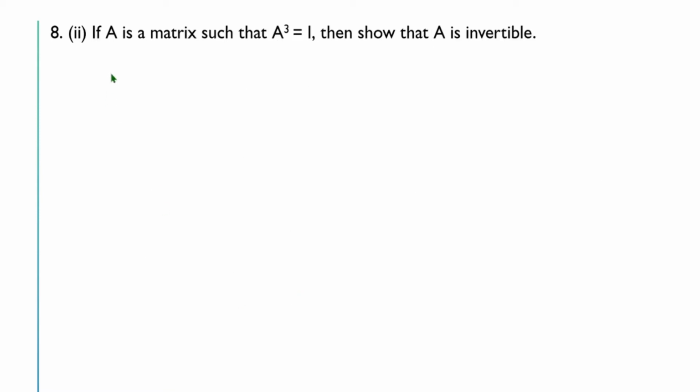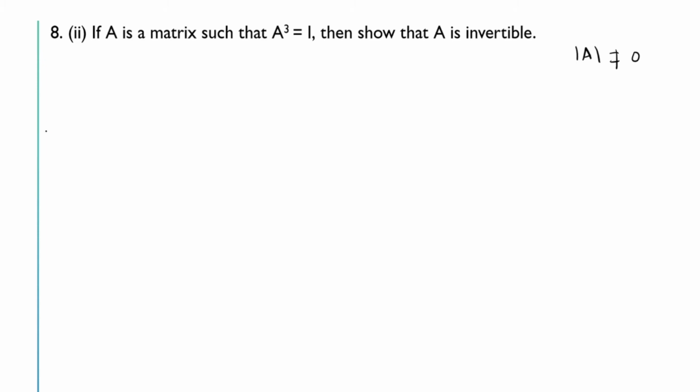Next question, if A is a matrix such that A cube equal to the identity matrix, then show that A is invertible. If A is invertible, then A should be non-singular, or determinant of A should not be equal to 0. Only then we can say that A is invertible.